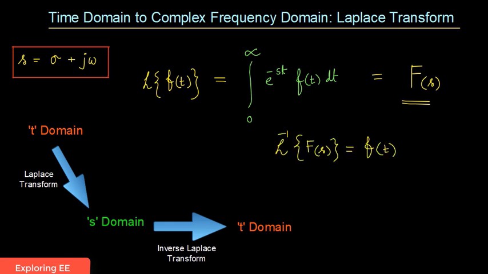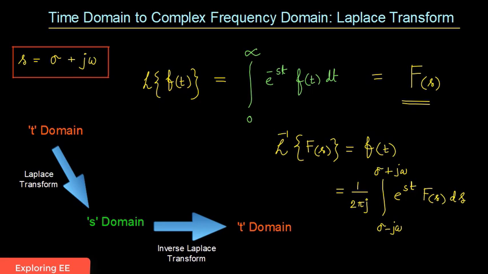This is the inverse Laplace transform, L inverse F(s), that gives us f(t) in the time domain, which is equal to 1 by 2 pi j times the integration from sigma minus j omega to sigma plus j omega of e to the power st F(s) ds. In the transform domain, or S domain, instead of differentiation and integration as in time domain analysis, algebraic expressions are generally handled, and that is the main advantage of Laplace transform.